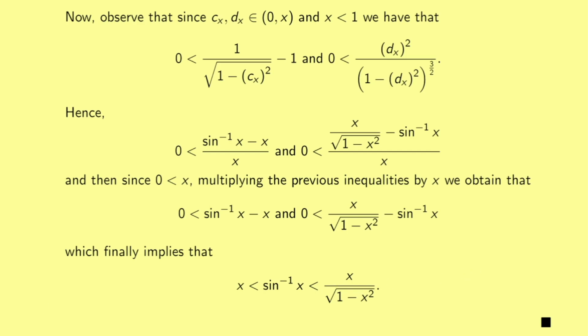And the problem's done. It's not a hard problem. You must recall something about calculus, the derivative of sine inverse, and the mean value theorem. There's a bit of calculation, but it's fine.